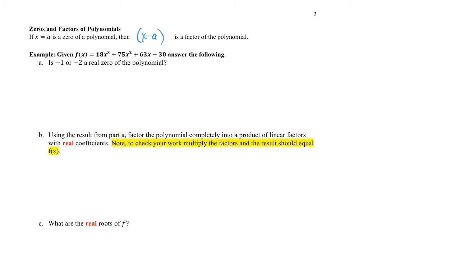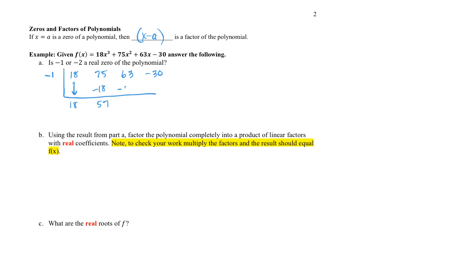Now, we can do this using synthetic division, which is probably the easiest way. So let's assume we want to find out if -1 is a zero. If -1 is a zero, then my remainder should be 0. Remember, I'll use the coefficients, 18, 75, 63, and -30. The 18 comes down. 18 times -1 is -18.